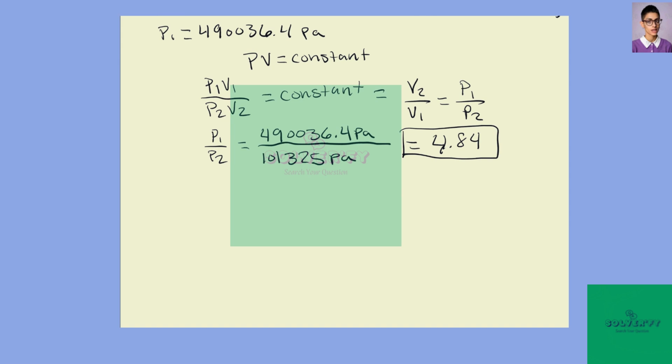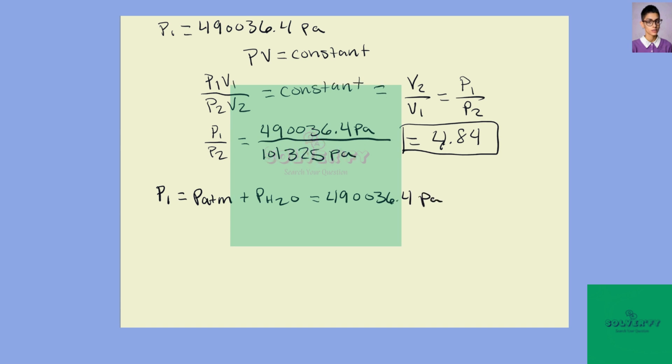So for the second part of this question, they're asking us to find how far she can safely ascend from a certain depth if the expansion factor is greater than 1.5. So we know P1 is equal to the pressure of the atmosphere plus the pressure of the water, and this is equal to 490036.4 pascals.